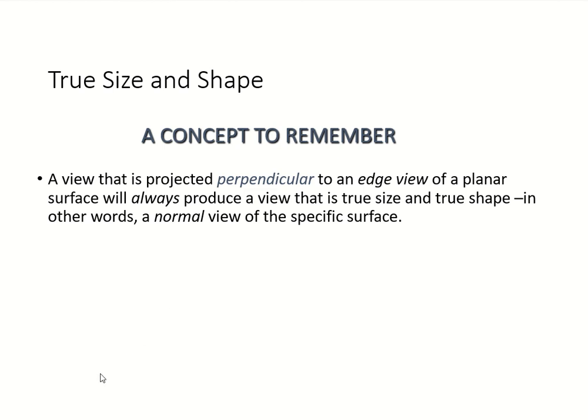So a view that is projected perpendicular to an edge view. If you have an edge, a view like that, and your view is perpendicular to the edge, it's nothing but just an edge, a line of the edge of the surface. Let's say your surface is on that side, and from the front view you see just a line, and we call that the edge view. So it's a view that is projected perpendicular to the edge view of a planar surface.